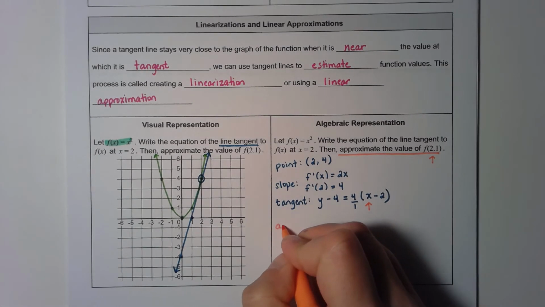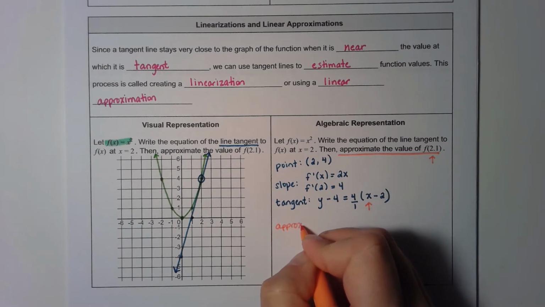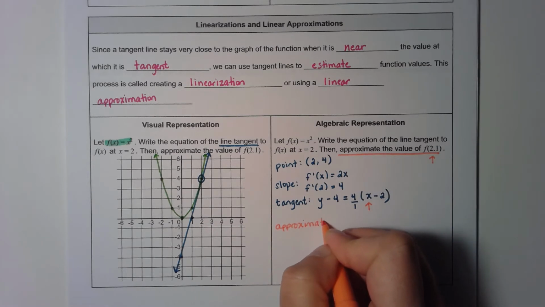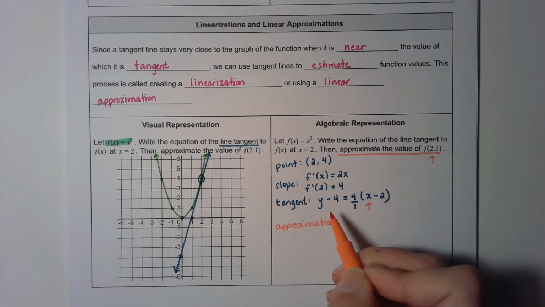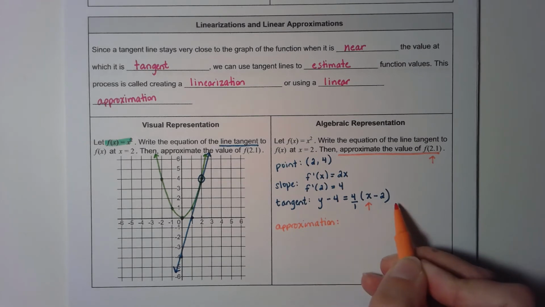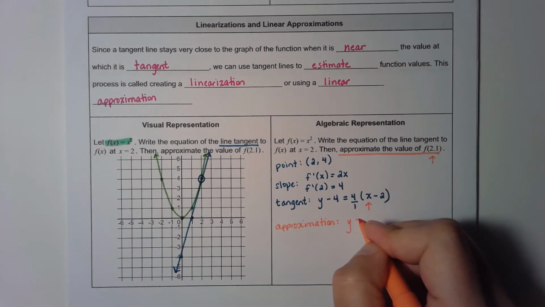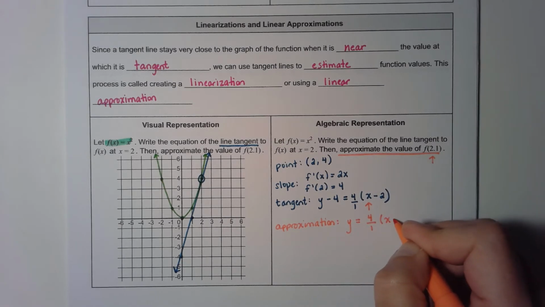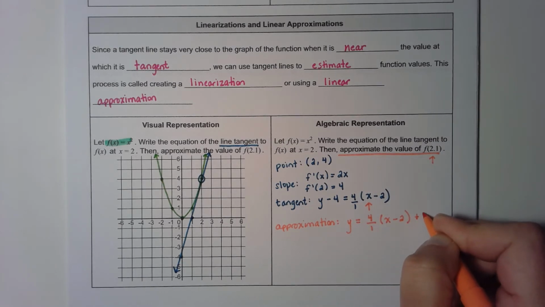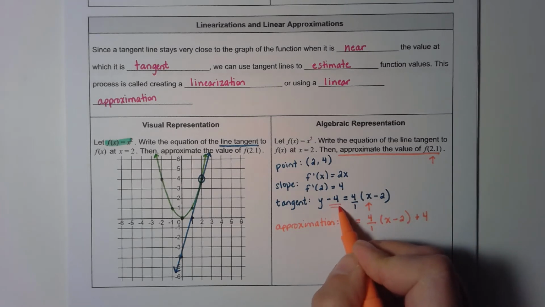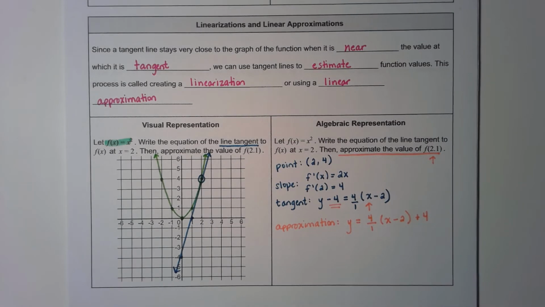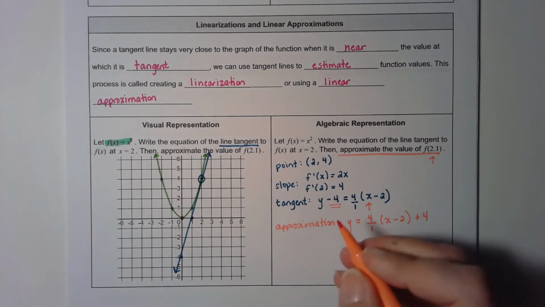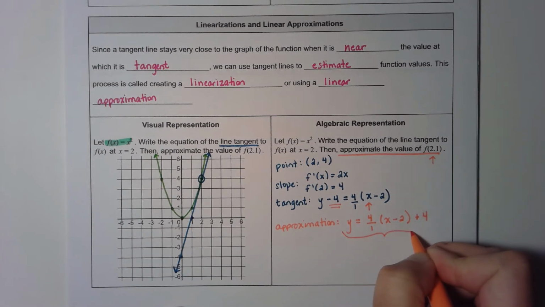So for our approximation, the first thing that I'm going to do is move the minus 4 to the other side. So my new equation would be 4 over 1, parentheses x minus 2, and then plus 4. So I'm just moving this number to the other side of the equation so that y is by itself. And this equation right here is called your linearization.